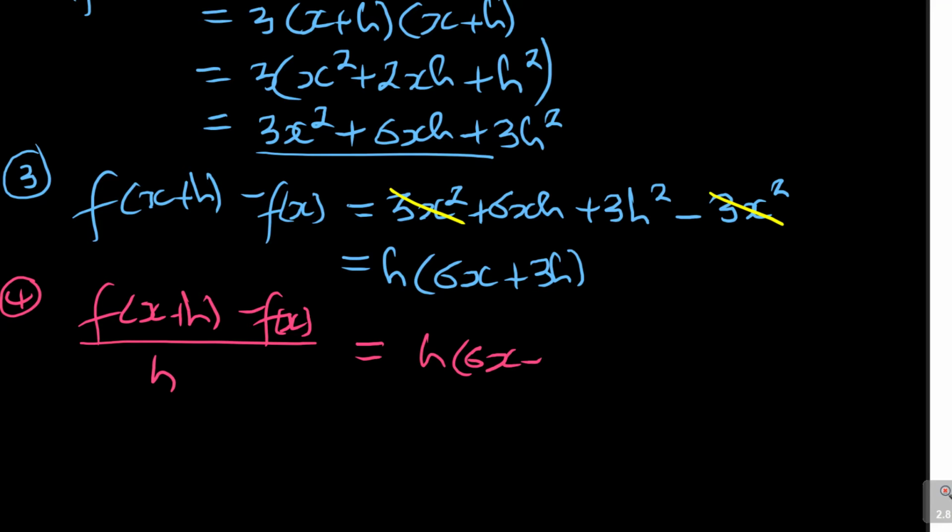6x plus 3h, and then you divide by h. See, that's why I was factorizing it, so that it simply goes off, which is 6x plus 3h. Then you're done.